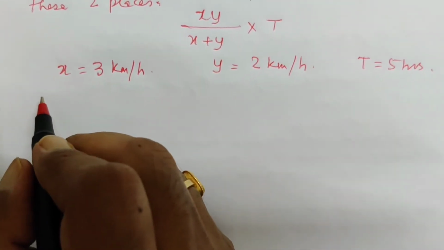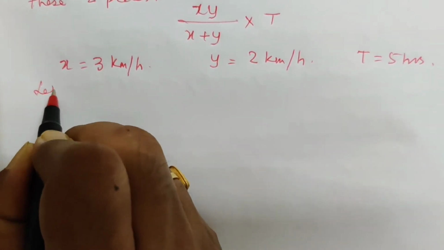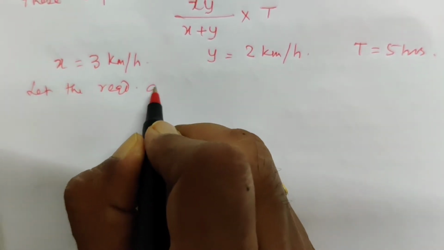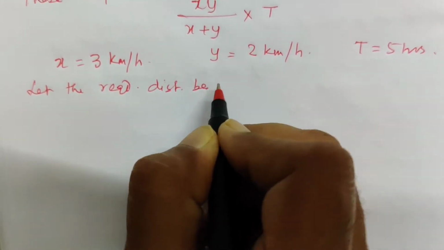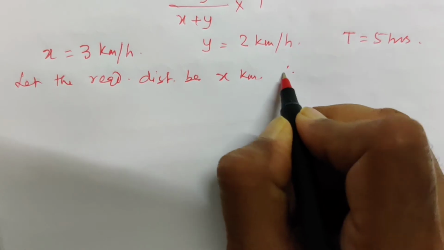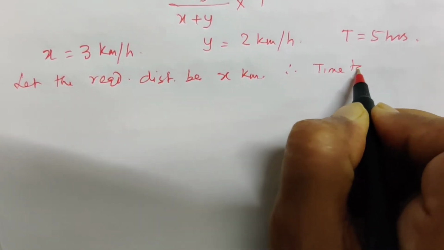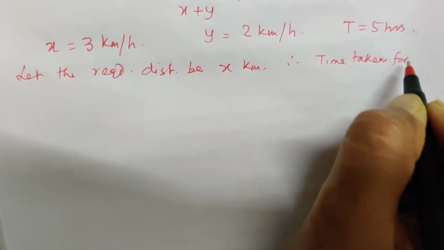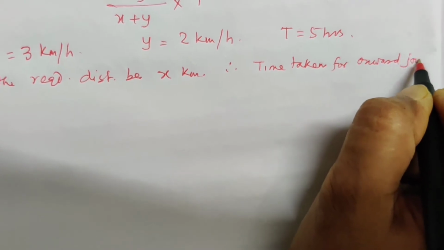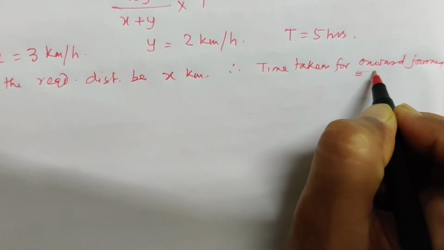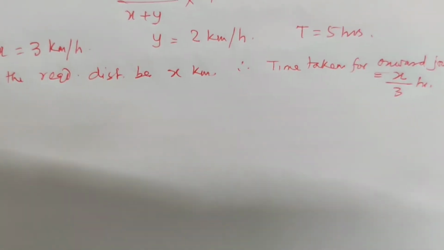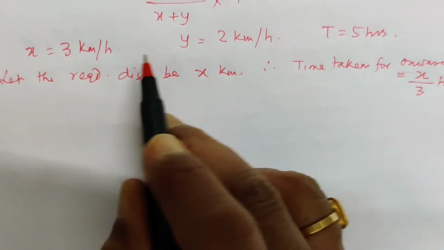Now if we do this kind of sum traditionally, we have to find the distance, so let the required distance be x kilometer. Therefore, time taken for onward journey is equal to x by 3 hour, because this is distance and this is speed.